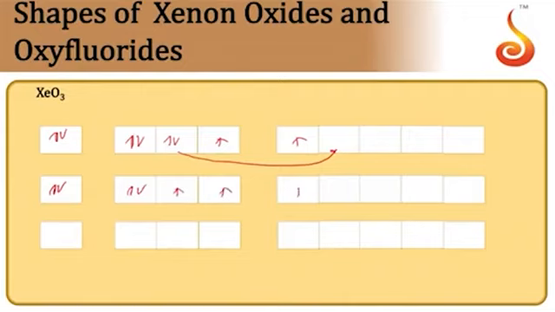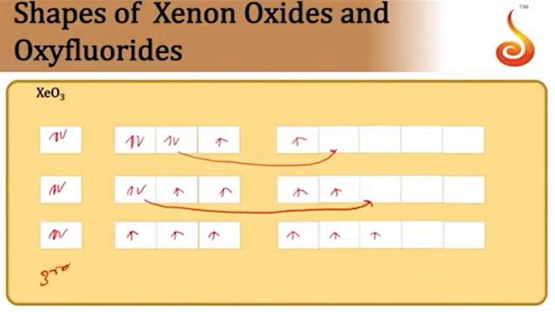So this will be the second excited state. And 1 more gets excited, then you are going to get 6 unpaired electrons. Means 1 more going here. This is now the third excited state.